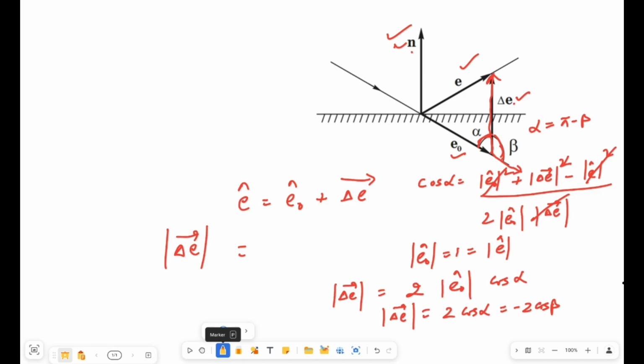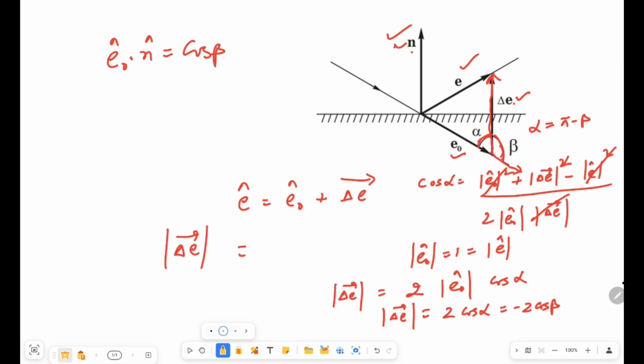And you can see one thing here, the dot product of E naught vector and the unit normal vector, so that their dot product will be the magnitude of E naught vector, that is 1, and magnitude of normal vector, that is also equal to 1, multiplied by the angle between them, that is cos beta.